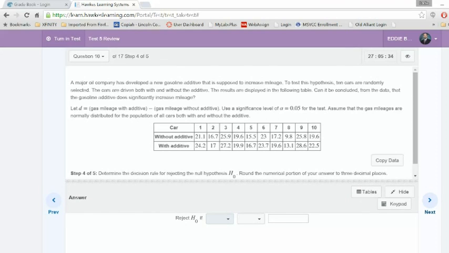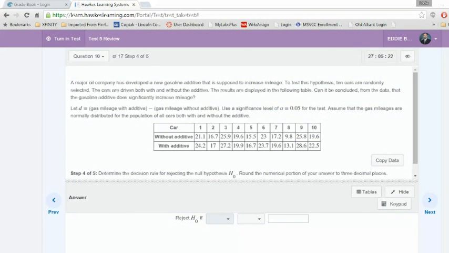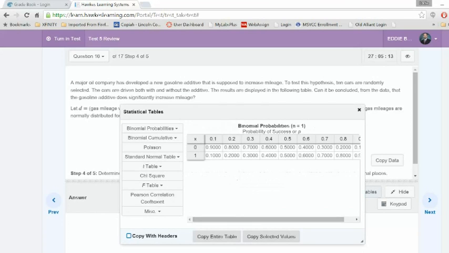Step 4, we need to figure out the rule. This is going to be the critical value. Okay, so look at the alternate hypothesis. The alternate was greater than, so you need to go back to that table. No, actually, we need a t-table. So the t-table is table D on your formula sheet, or you can bring it up here.